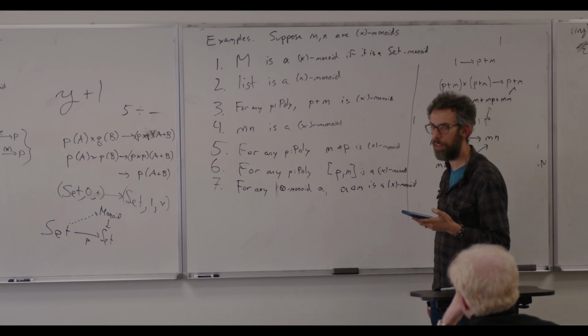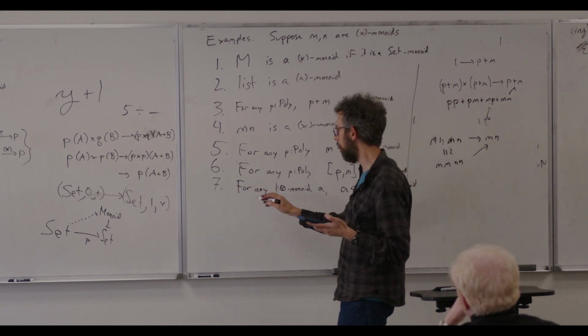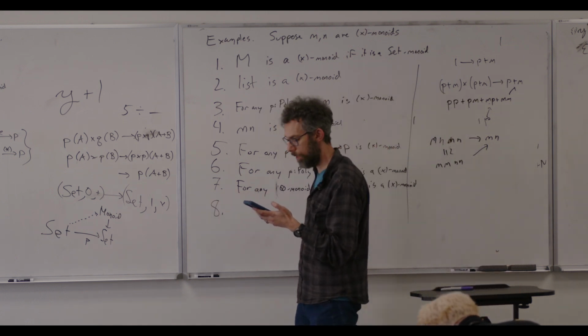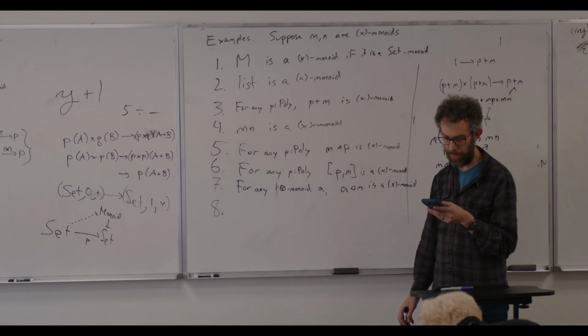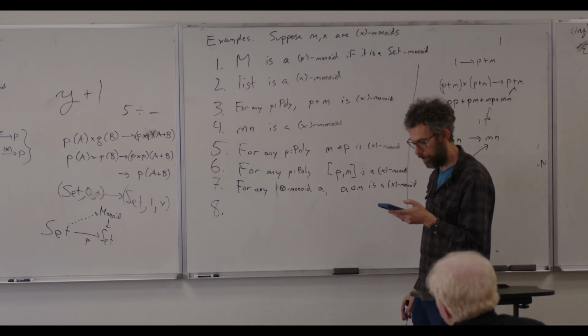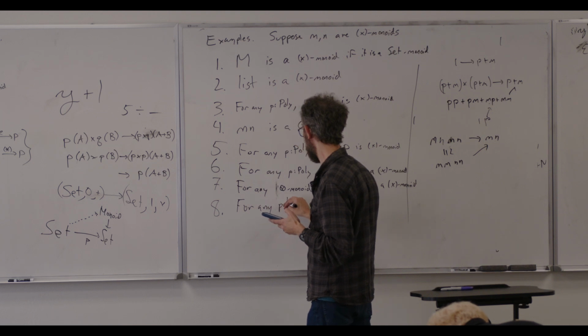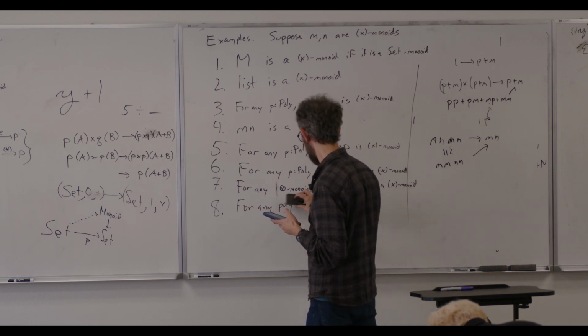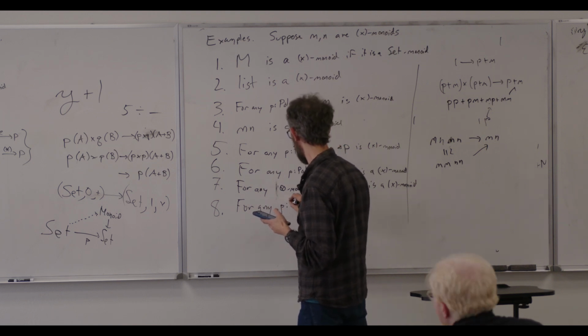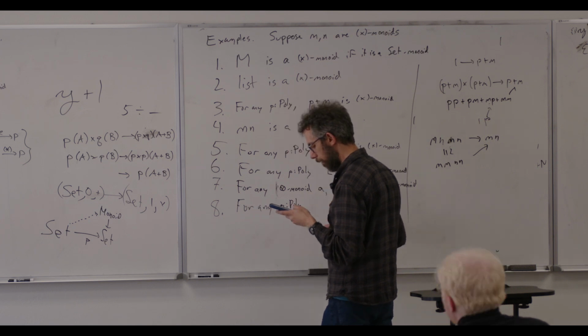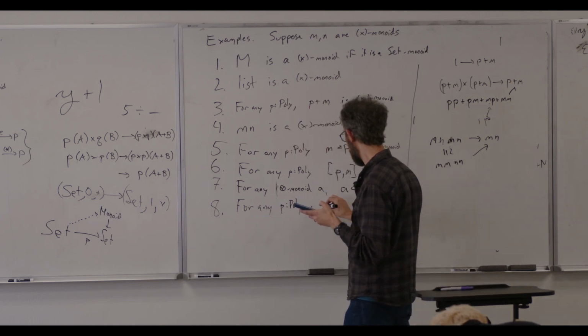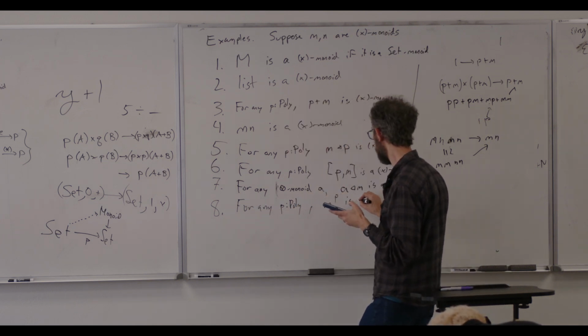I suggest, if you're wanting to do a little homework or some exercises, just see if you can guess how these things work. For any polynomial P, M to the power P is a times monoid.